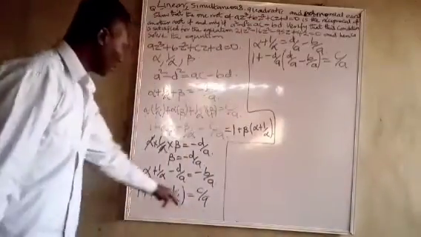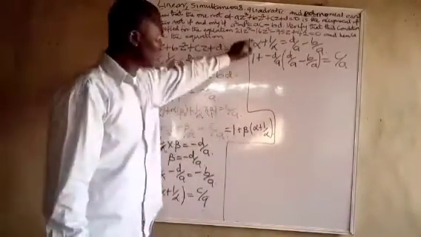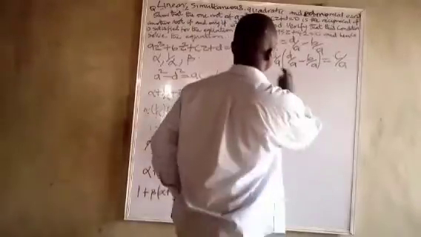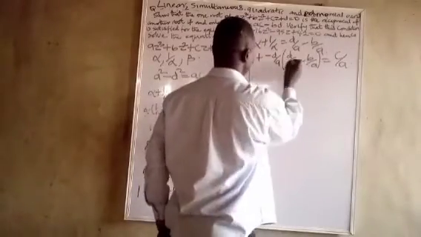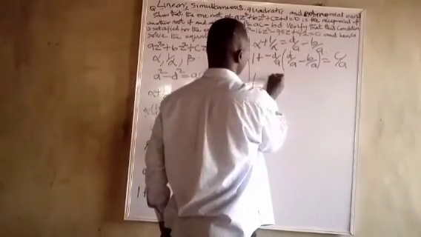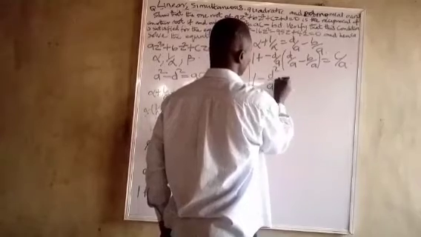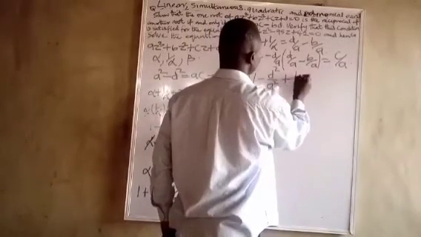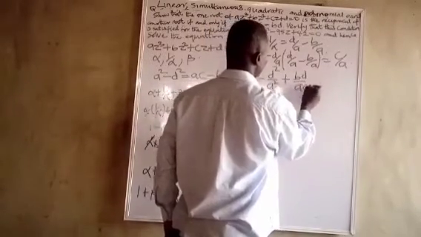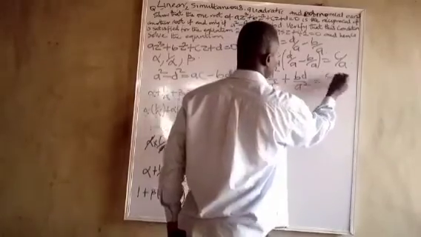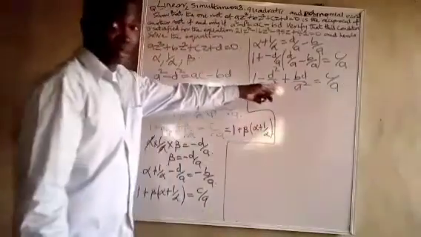Please, I hope you are following. This one is there, this one is here. Now, I can say 1 minus d squared over a squared plus bd over a squared is equal to c over a. You can see that now.